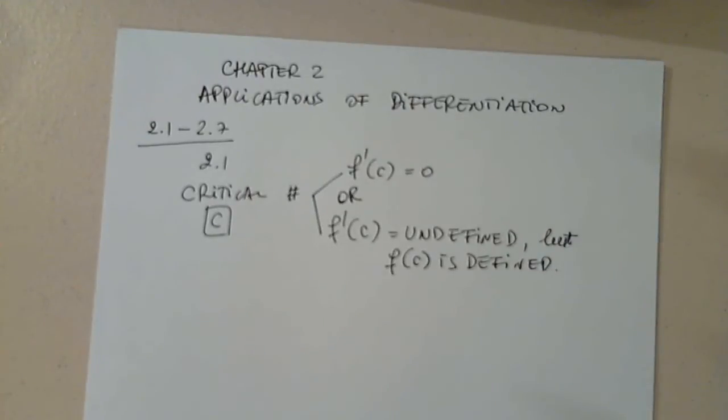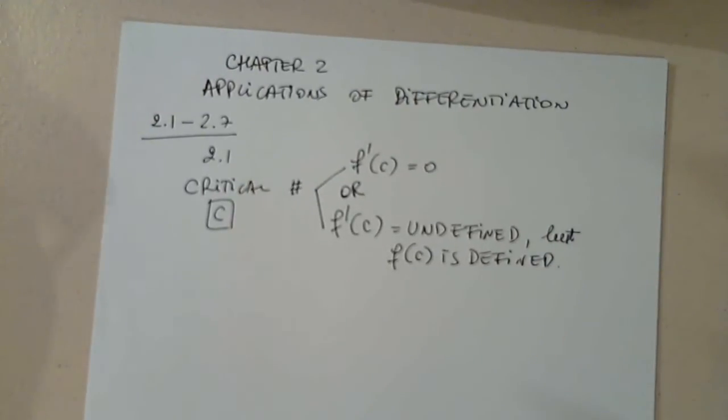So the derivative doesn't exist, but the function exists at that point. So this is what is called a critical number. Only a critical number can change into a max or a min, depending on the signs of the first derivative.